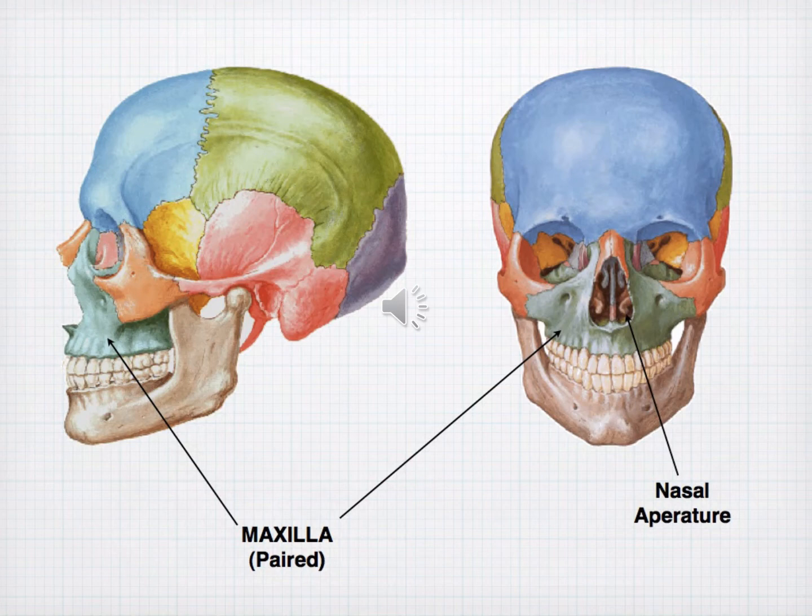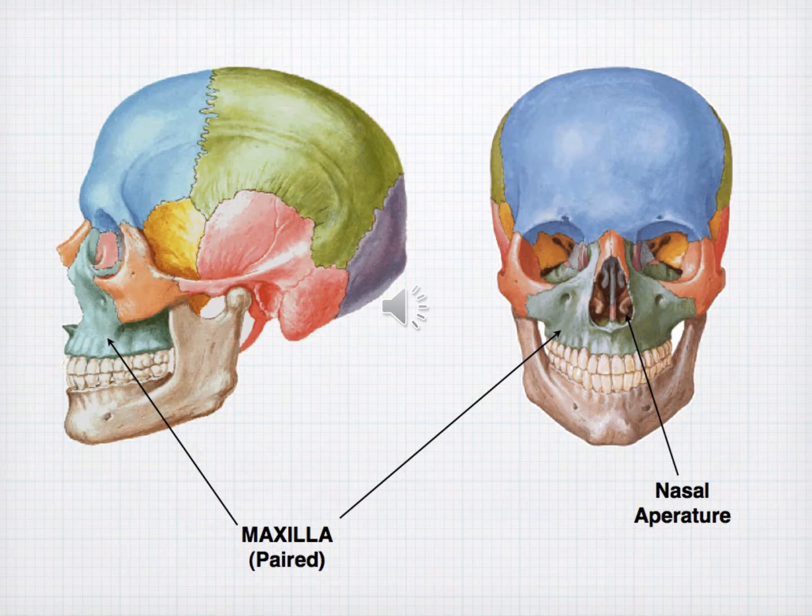The maxilla also holds your upper or maxillary dentition, your teeth. You can see that parts of what we think is your cheekbone are actually your maxilla, and there's a very large foramen or hole that holds lots of cranial nerves that are connected to your teeth.